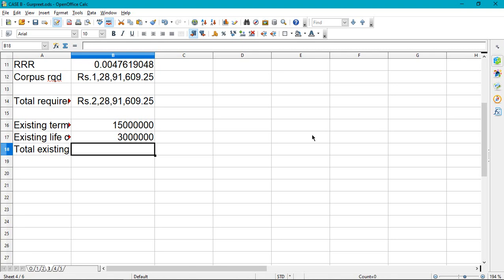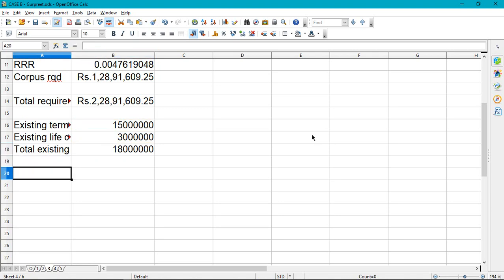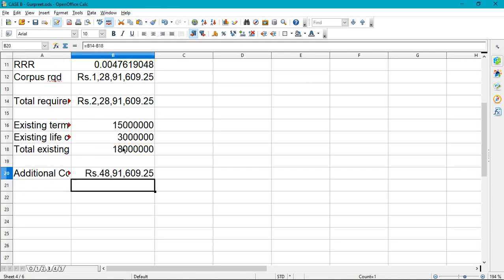Nobody is seeing how you solved it, right? So he has already 1.8 cr of existing cover. So what is the additional cover? We have to find out, which is this minus this. Simple. So this is the additional cover he requires, and this is the answer.